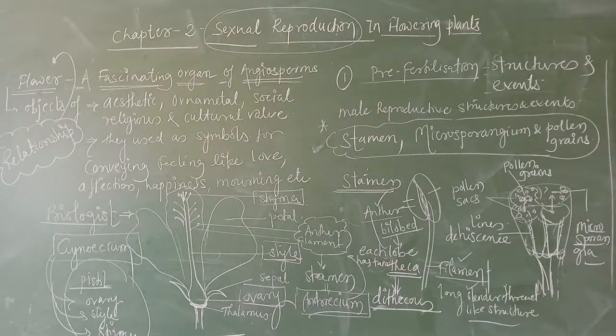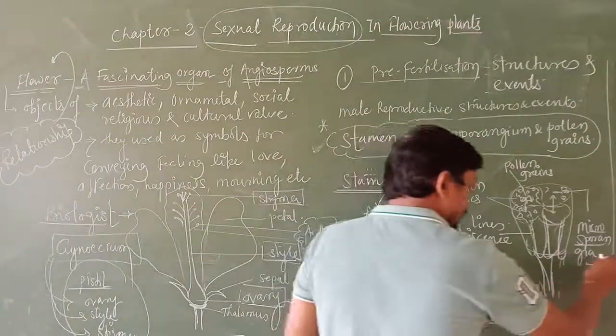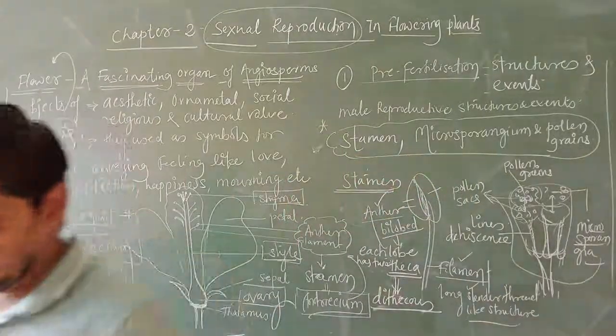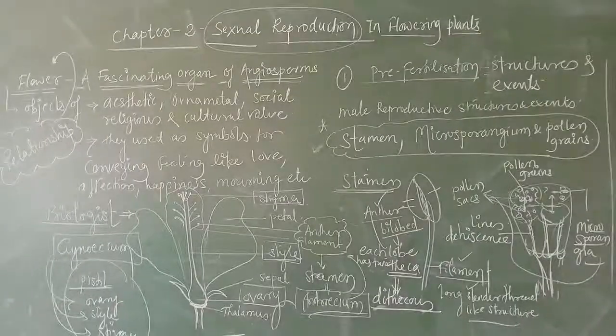And the microsporangia further develop into pollen sacs. After this, the microsporangia form a pollen sac, then extend longitudinally along the length of the anther and are packed with pollen grains.